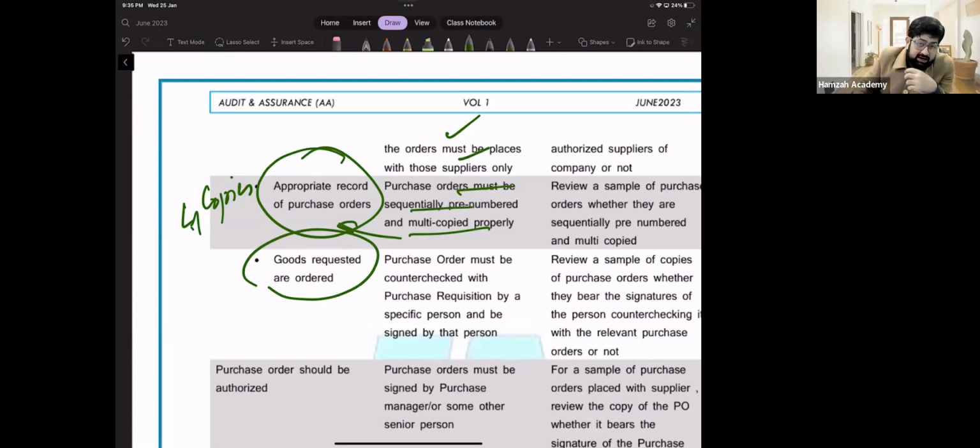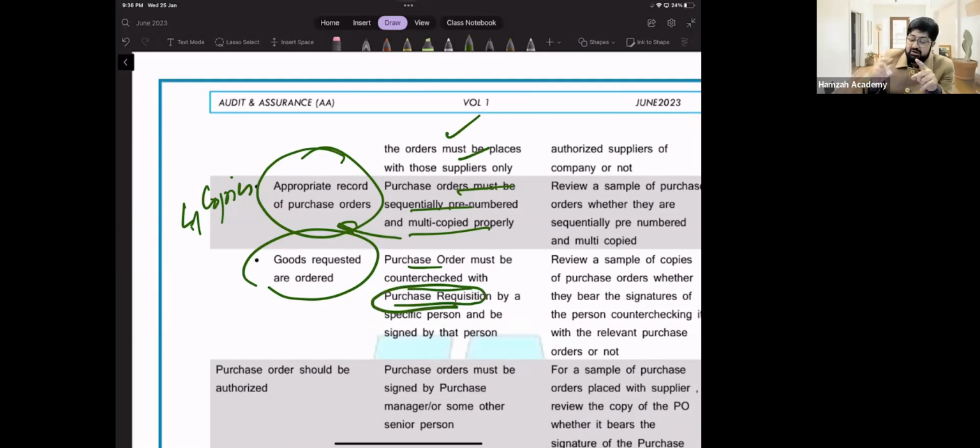It should not be like that, employees adding goods by themselves from purchase department, buying makeup, beauty creams for their wives through the company expense. No, only those requested. So purchase order must be counter checked with purchase requisition.